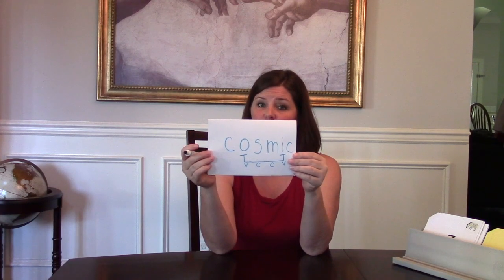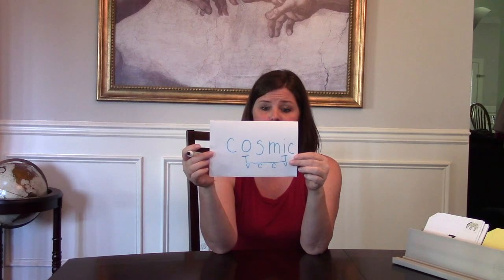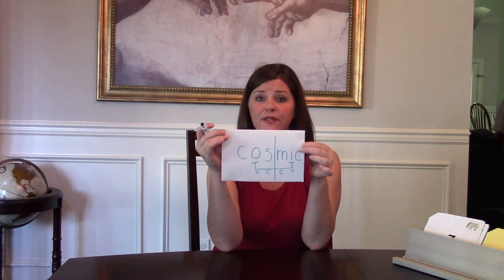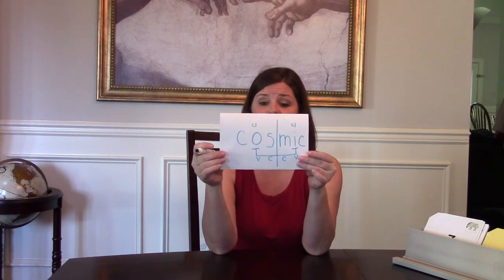Whenever possible, we try to split the consonants. So where are we going to draw the line? Between the S and the M. That closes both vowels, so we're going to put a CL over it to remind us that it closed it. That's going to make the short sound.